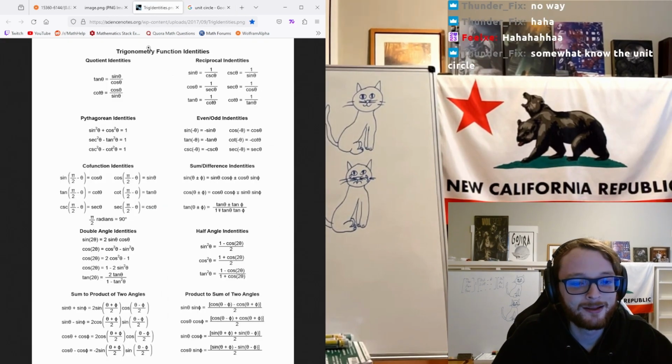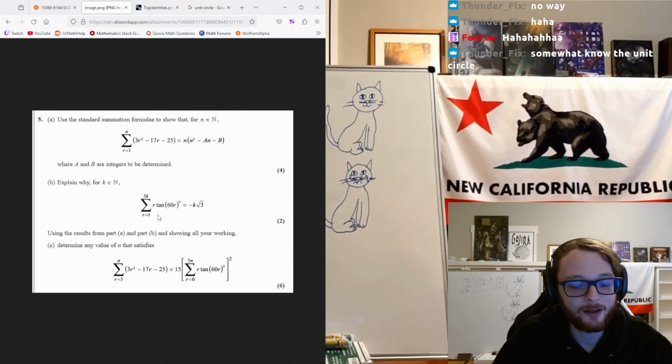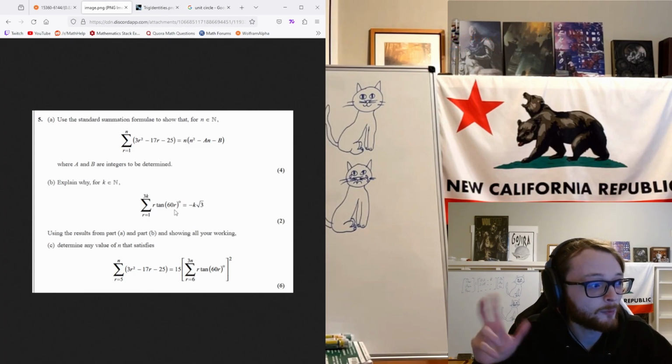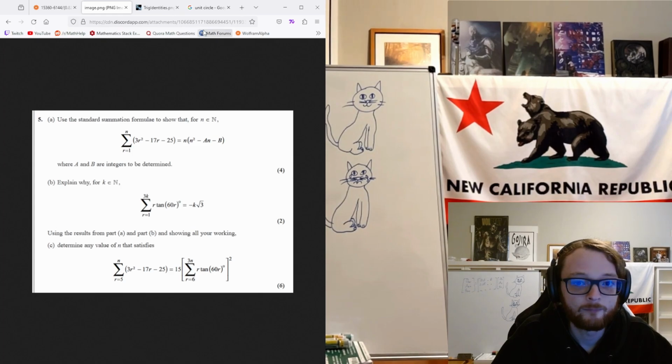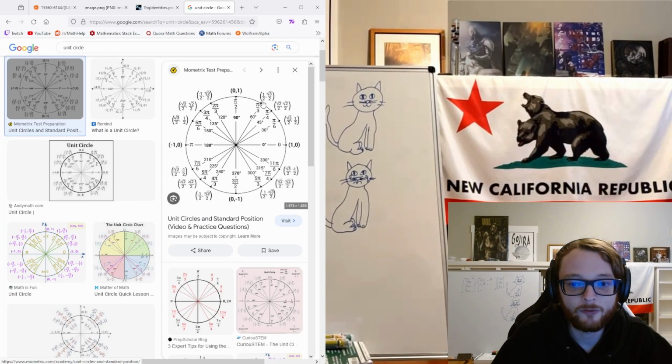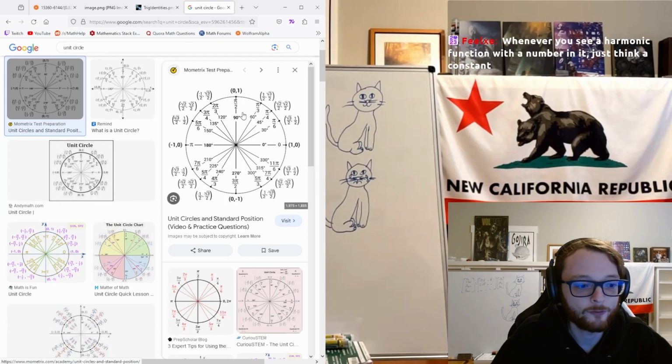So as we move through the sum, we're going to have 1 times tangent of 60 degrees plus 2 times tangent of 60 times 2, which is 120 degrees. It's always going to be multiples of 60, and so tangent is always going to be the same thing, maybe with the sign changing. If r equals 1, tangent of 60 degrees is root 3 over 2 over 1/2, which is root 3.